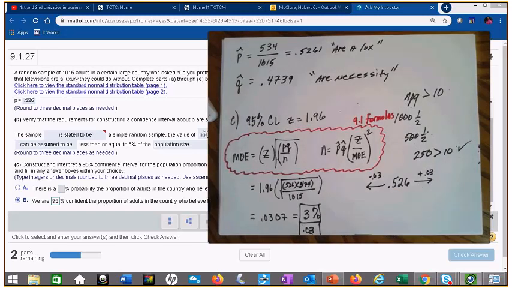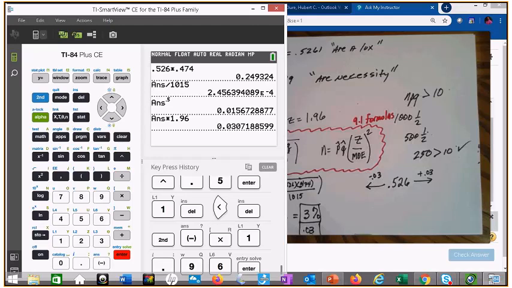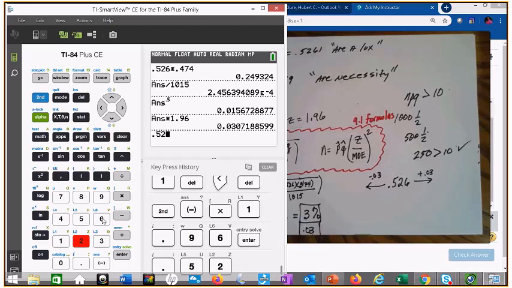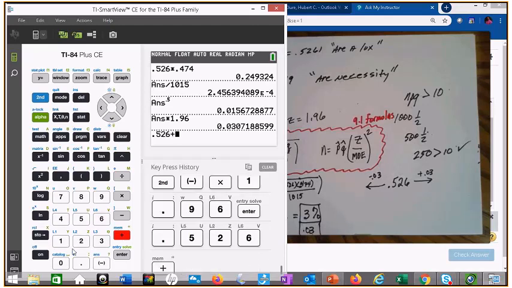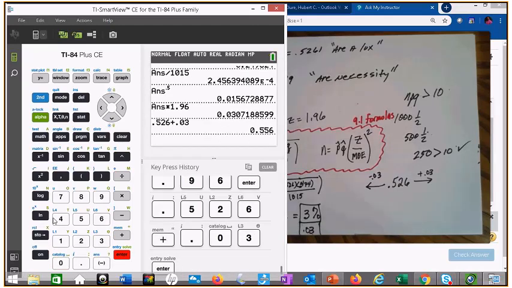So let's take our calculator. 0.526 plus 0.03, 0.556.